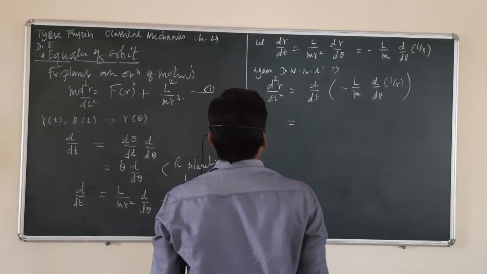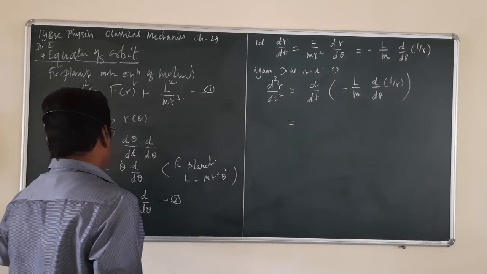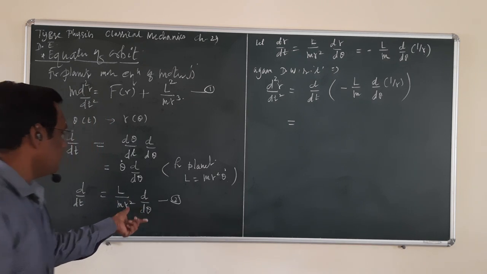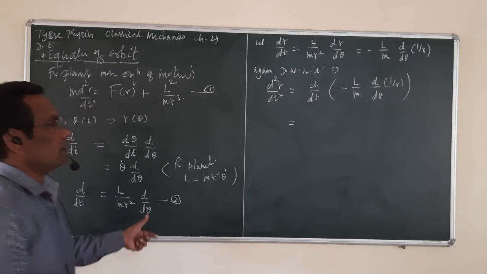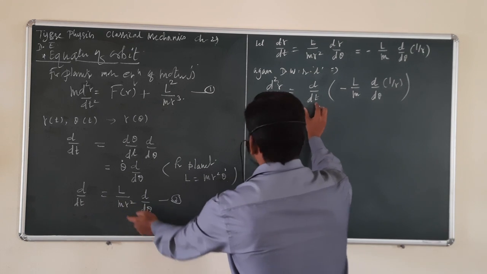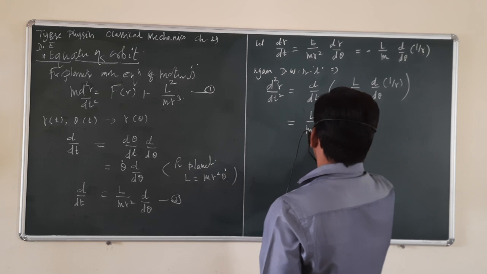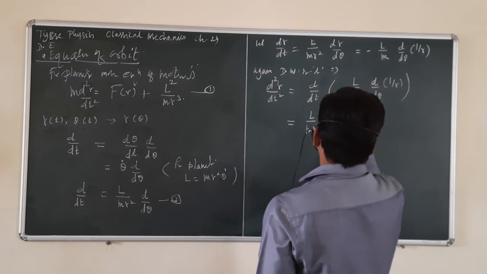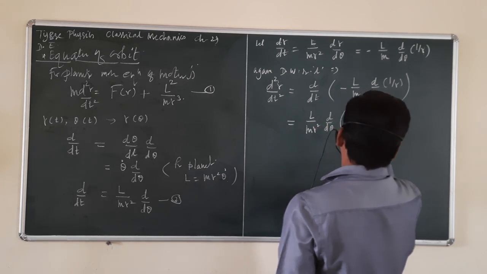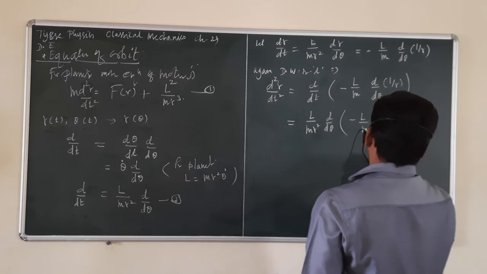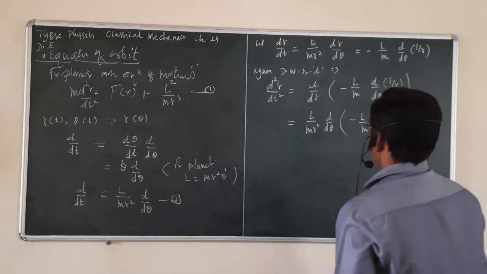So this is equal to, now see, d by dt we can write by equation 2 as L divided by m r square d by d theta. So this d by dt can be written as L divided by m r square d by d theta into minus L upon m d by d theta of 1 over r. Okay.